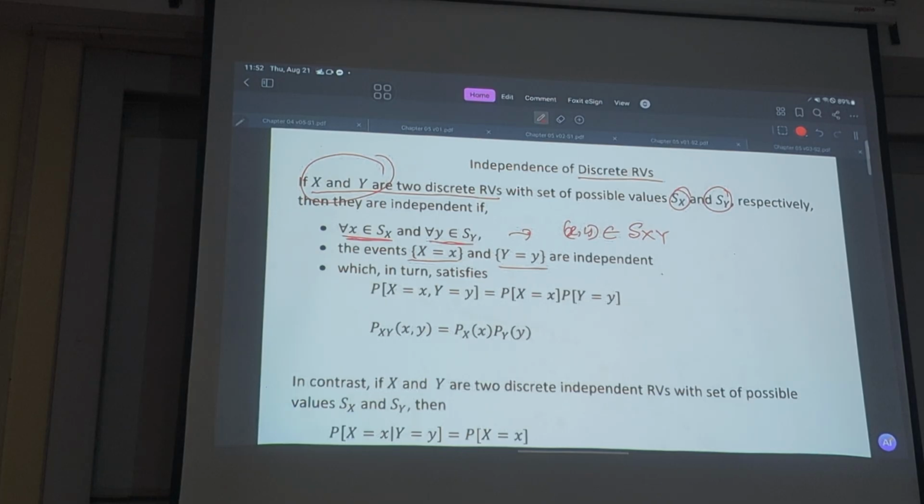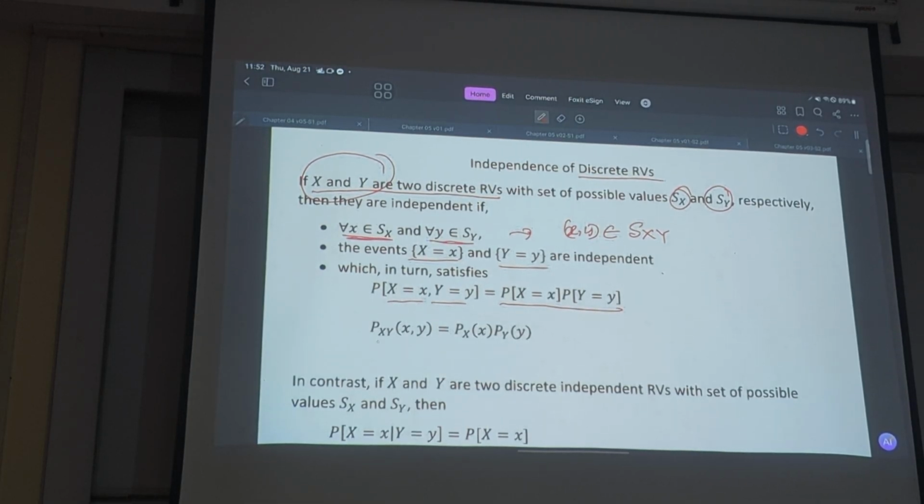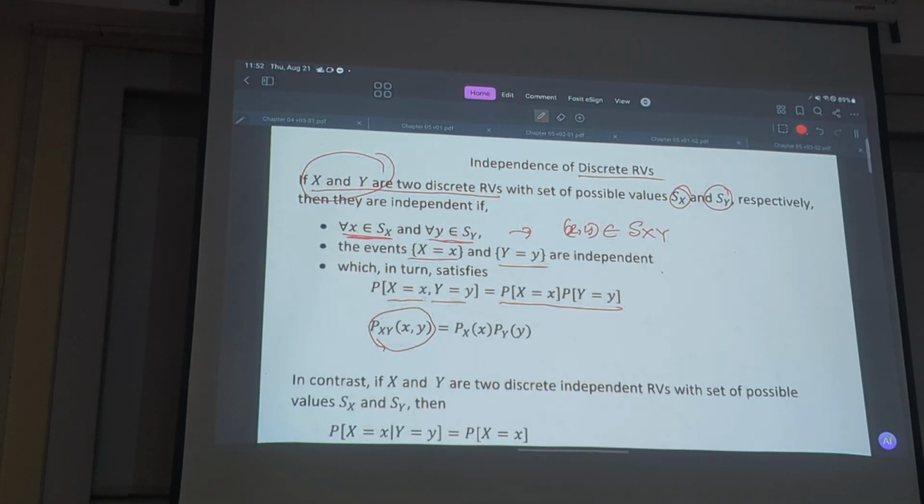Which results in this line: the probability that X equals x and Y equals y is the product of the individual probabilities. Eventually we can write that the joint PMF of two random variables is equal to the product of the individual marginal PMFs.